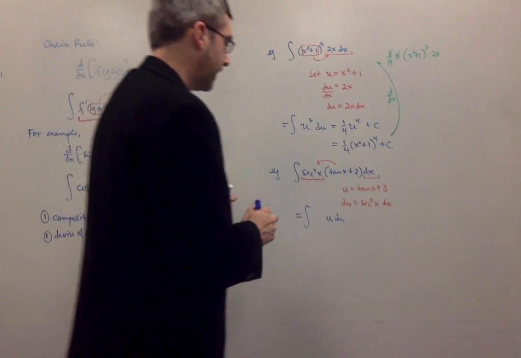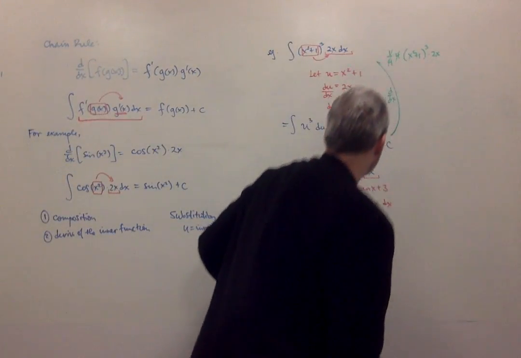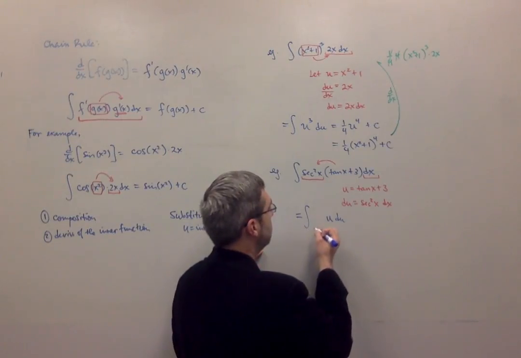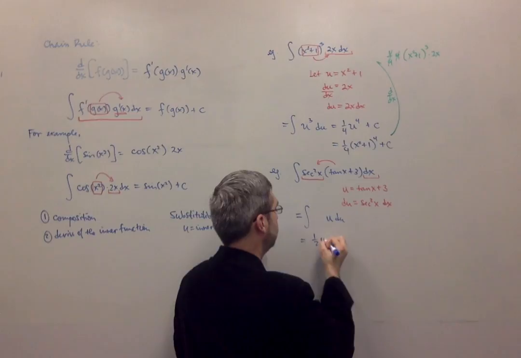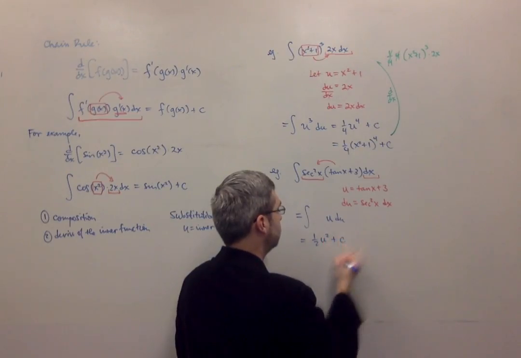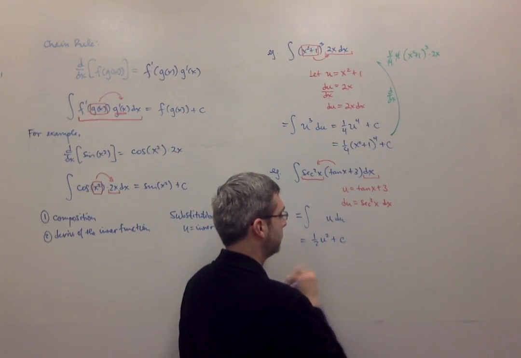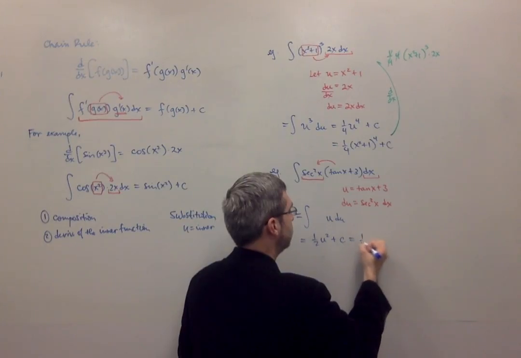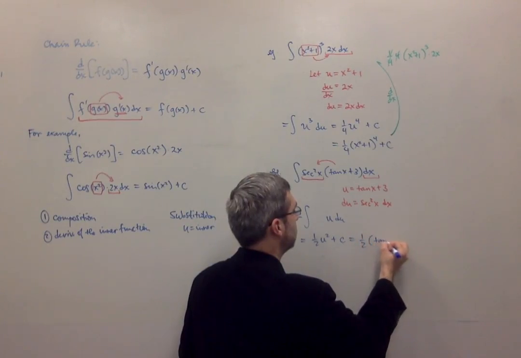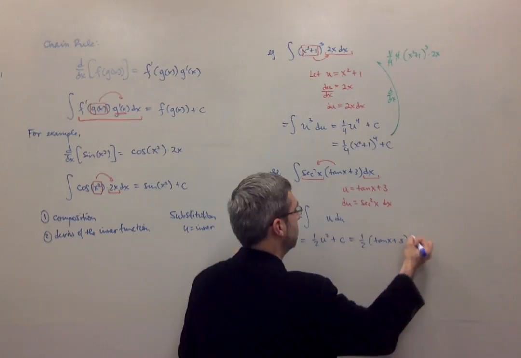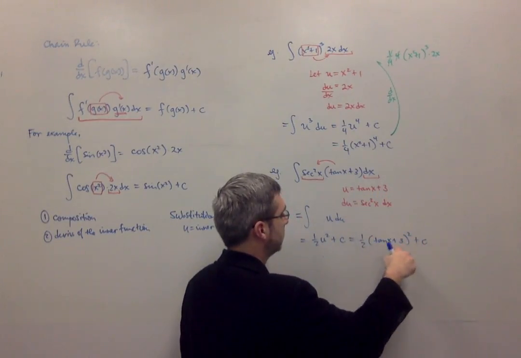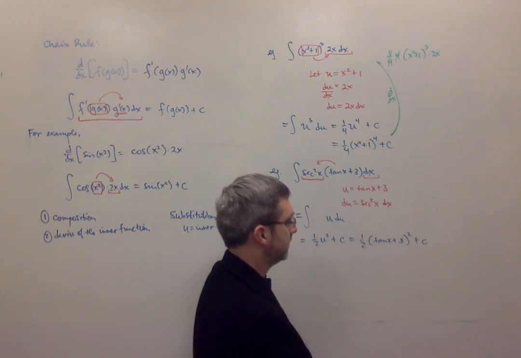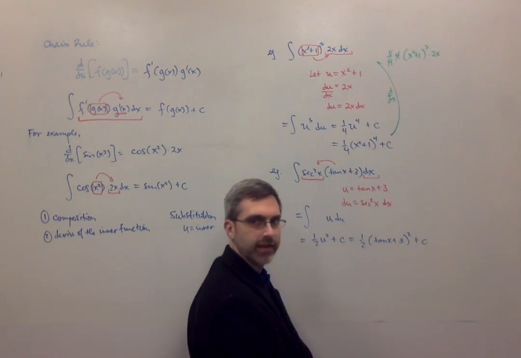So what I end up getting then is the antiderivative of u is going to be u squared over 2. And then substituting back in for u is tangent x plus 3, so if I substitute that back in, that's what I get.